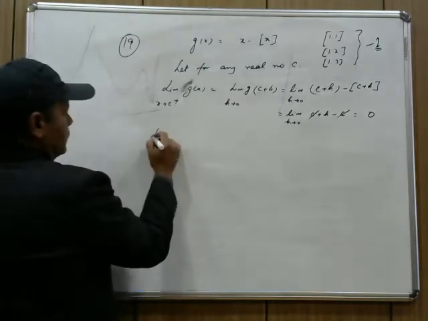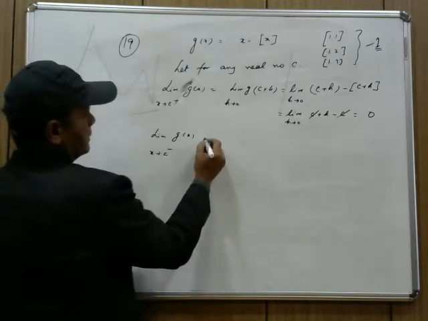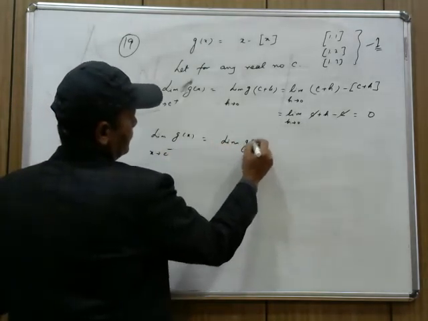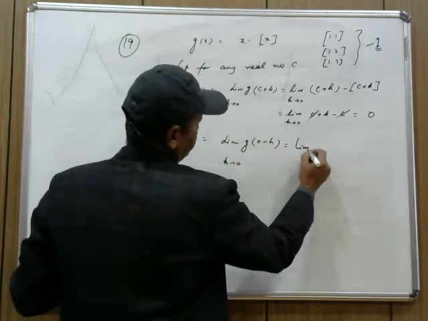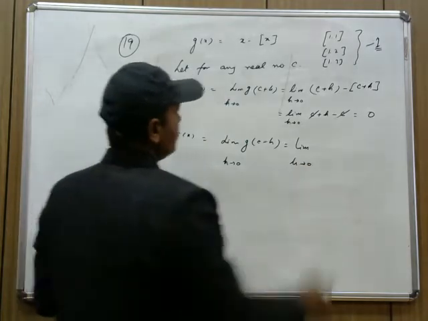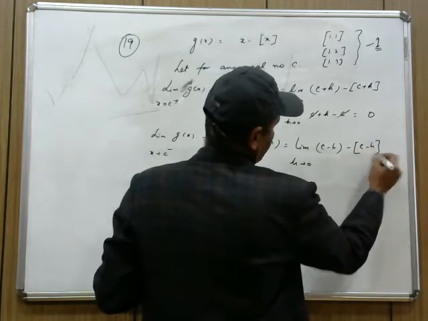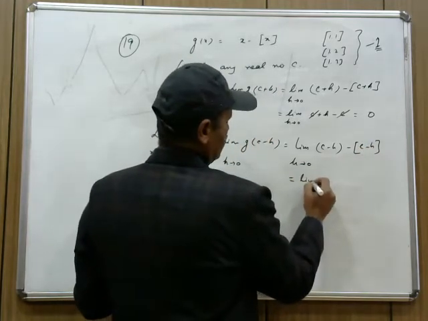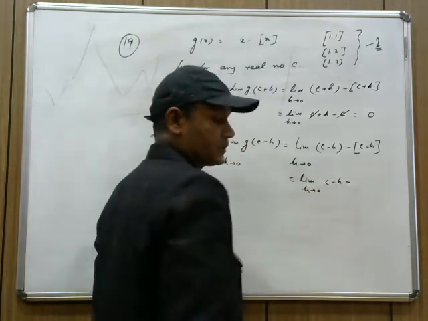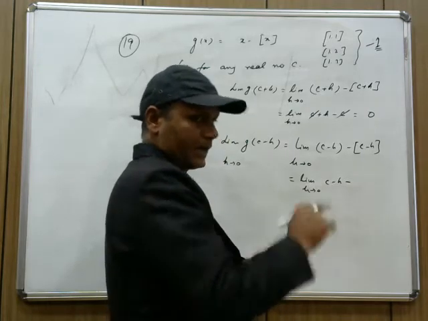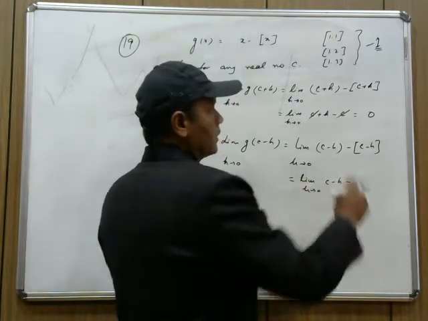Now limit of g of x as x tends to c minus is equal to limit g of c minus h, as h tends to 0, is equal to limit h tends to 0 of c minus h minus the integral part of c minus h. Now c minus h is some integral part minus something, like 2 minus something, that is 2 minus 1, the answer will be 1.